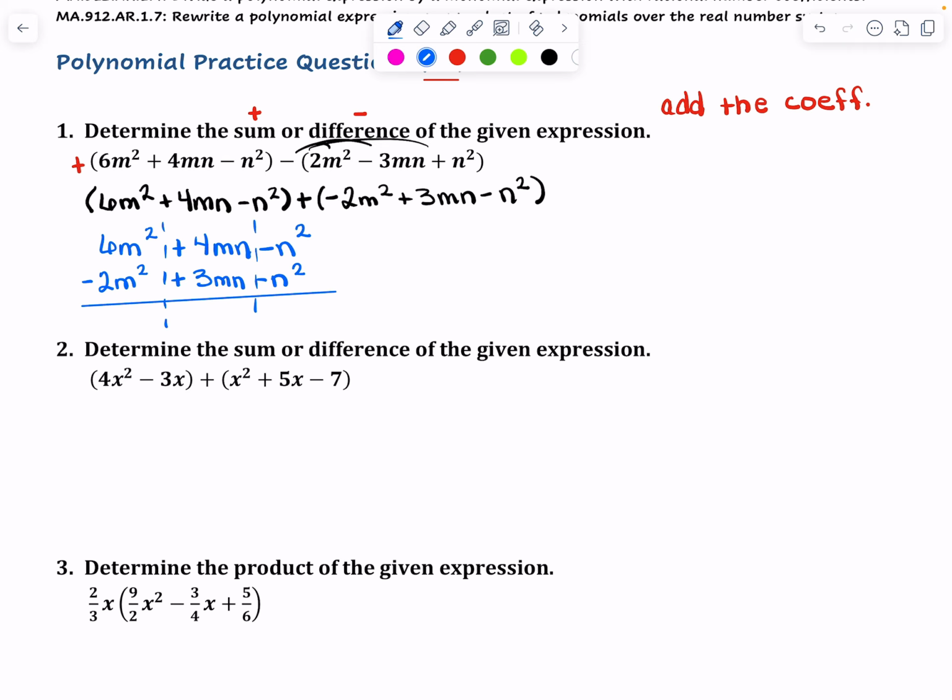So negative 1 minus 1 gives me negative 2n squared. 4 plus 3, that's positive 7. Please put that positive there so you don't forget it. And then 6m squared minus 2m squared. You can go ahead, put that positive there. And there's your solution. Either way, you're going to get the solution. Okay, so whichever method you prefer to use on that.